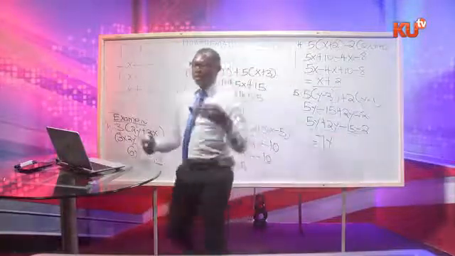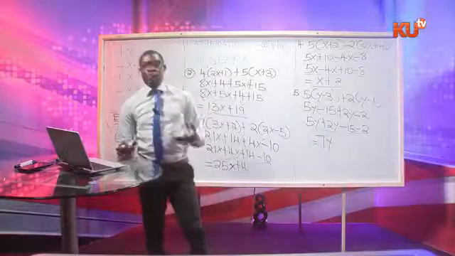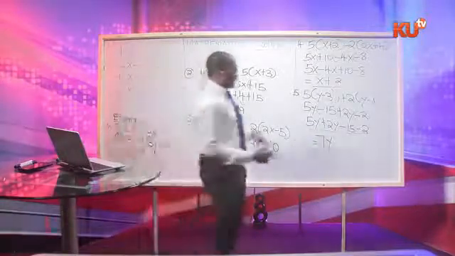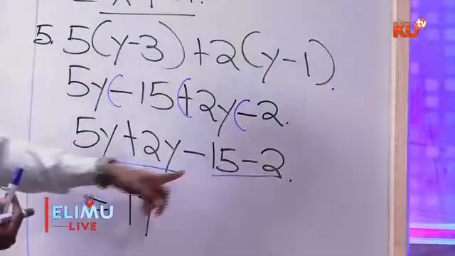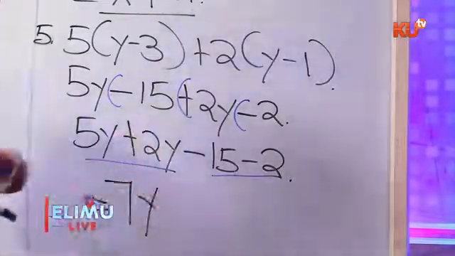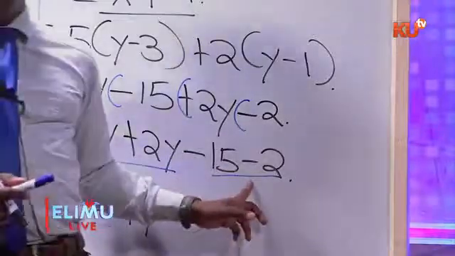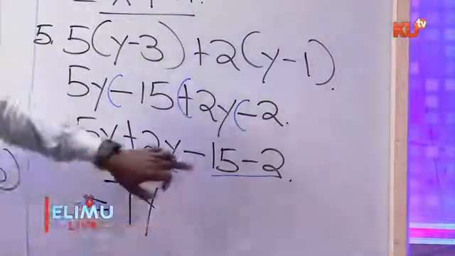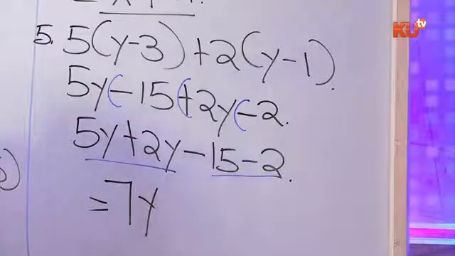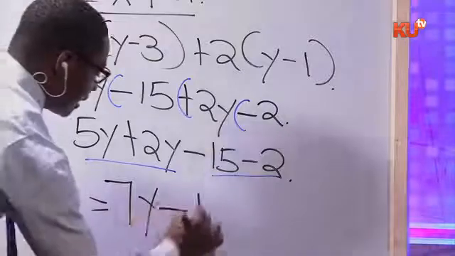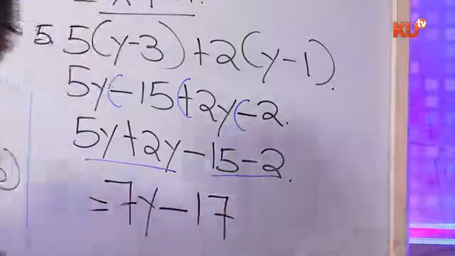So when you have minus 15 and minus 2, you solve that question by taking a negative sign to be a debt. So in this case, you have a debt of 15 shillings and you take another debt of 2 shillings. So in total, you're going to have a debt of 17 shillings. Therefore, it is 7y minus 17.